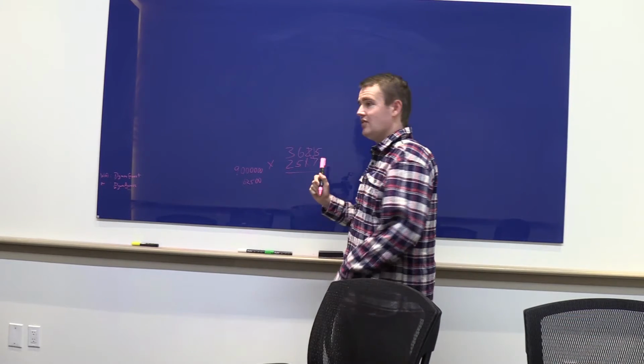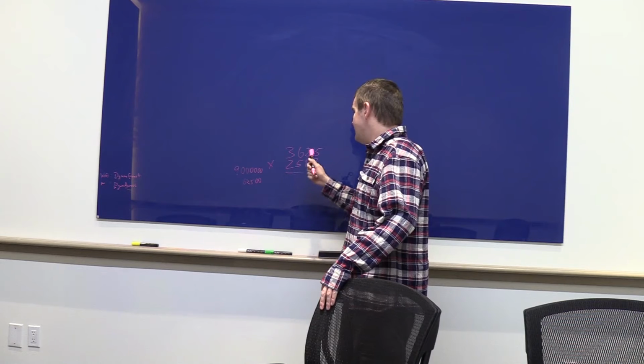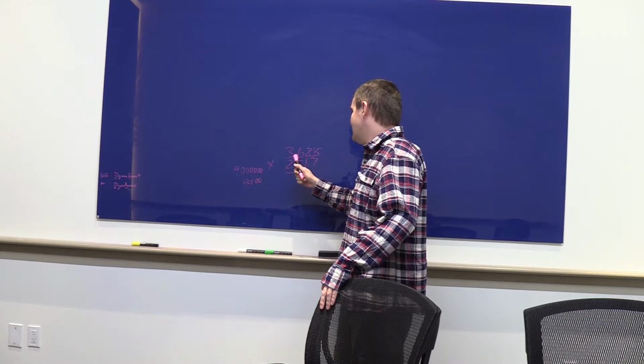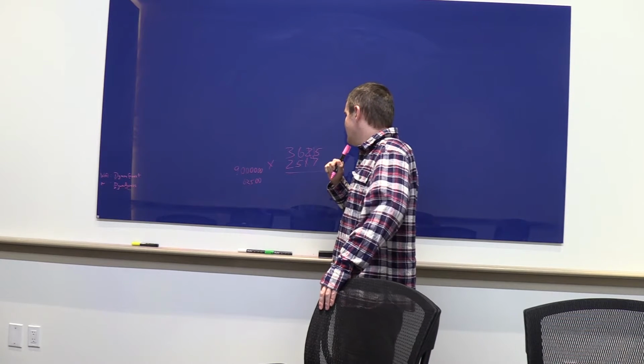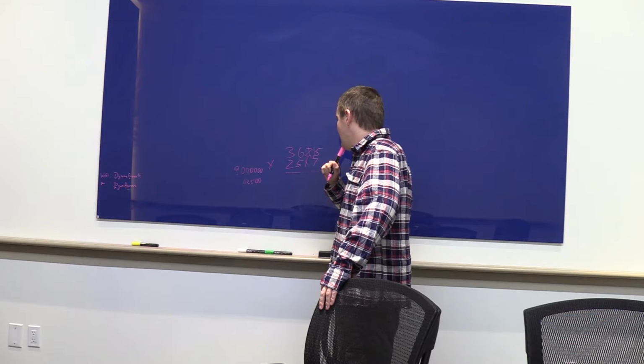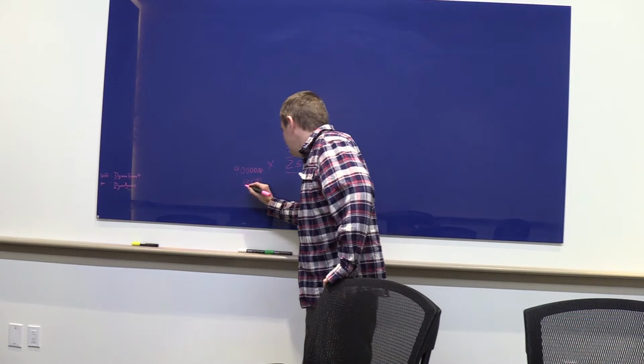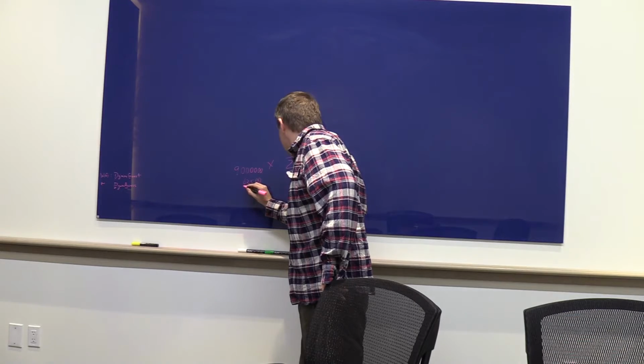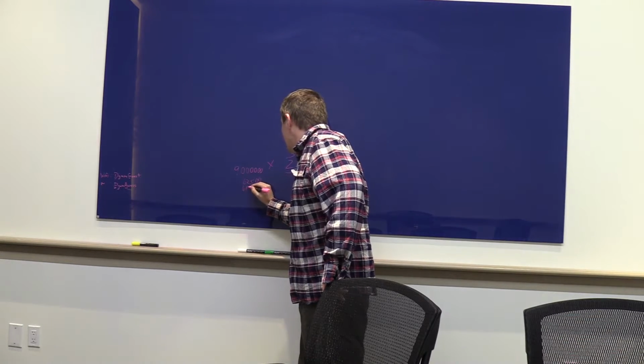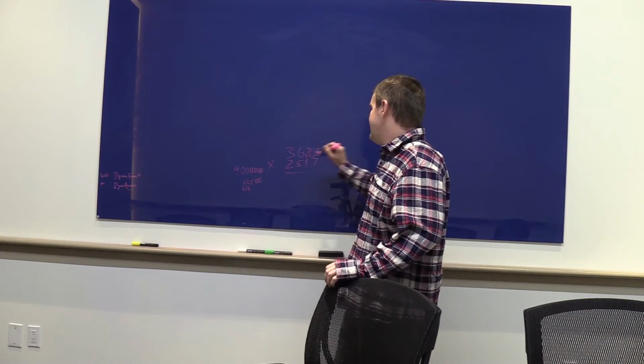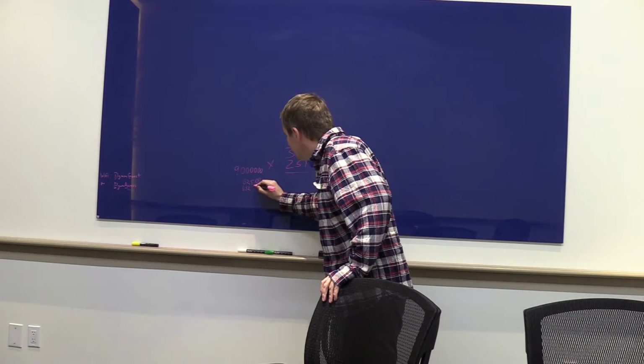So you got 62,500. Then you go here, 17 times 36. That's 612. And then once again, same step, add 2 zeros.